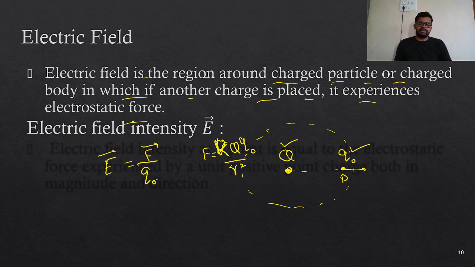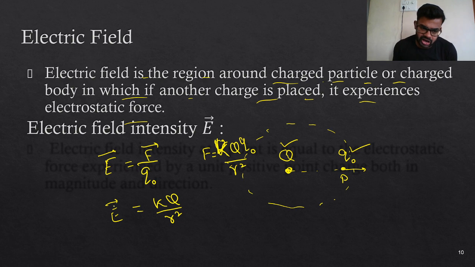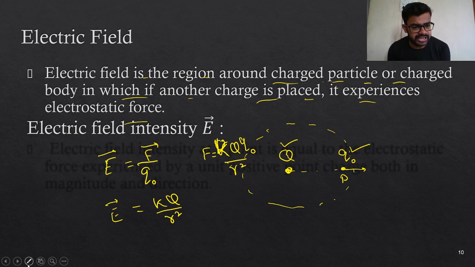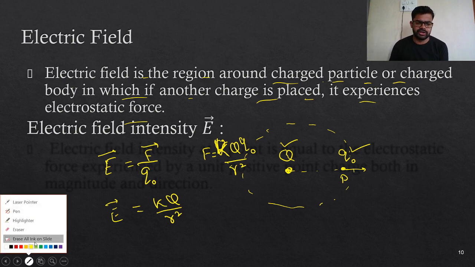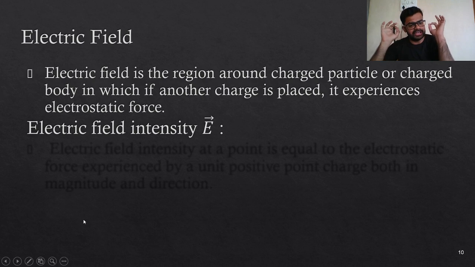So what will be the electric field now? That will be k q upon r square, because q naught cancels. So force per unit test charge at a point in an electric field is called electric field intensity at that point. That's all. Electric field intensity is defined for a particular point.